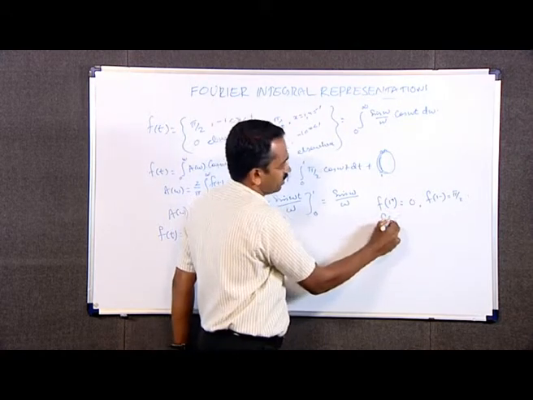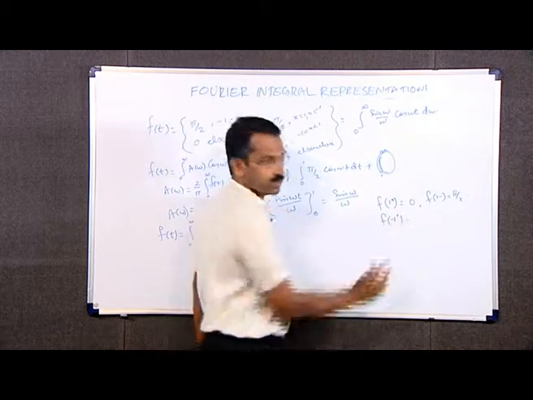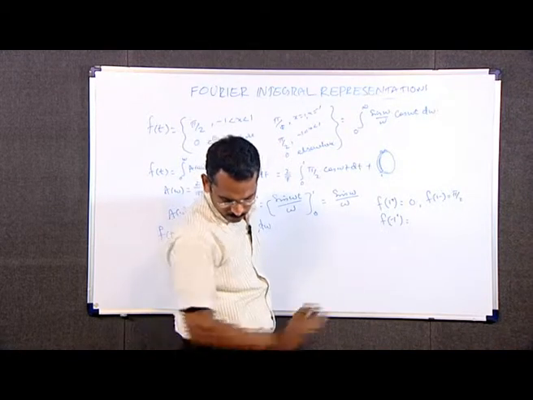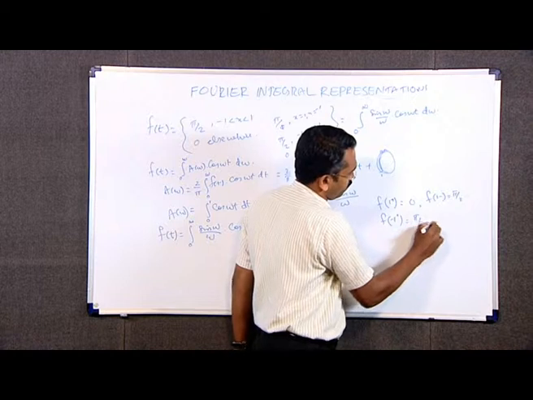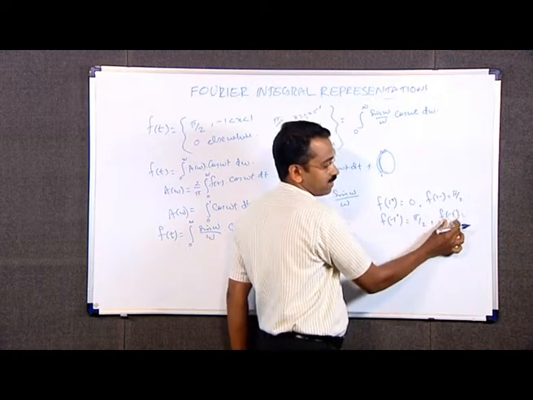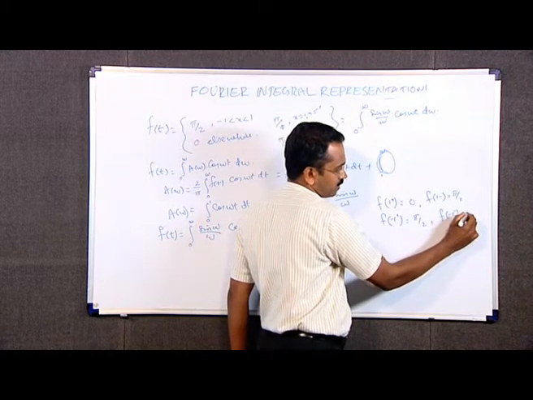At x equal to minus 1, the right hand limit is pi by 2, and f of minus 1, that is the left hand limit at minus 1, is 0.